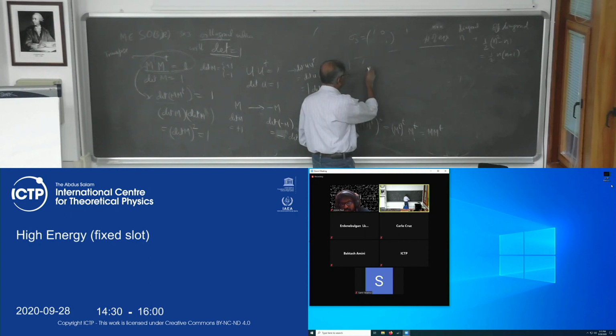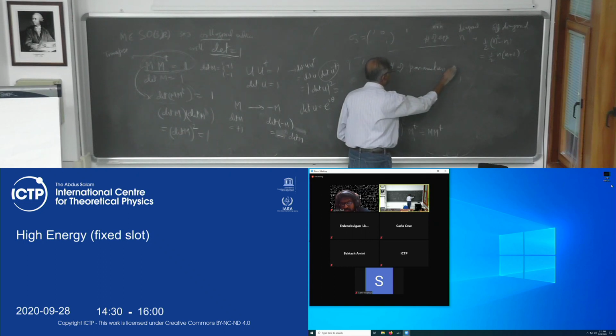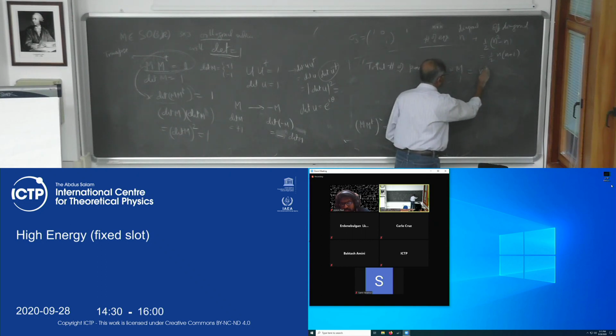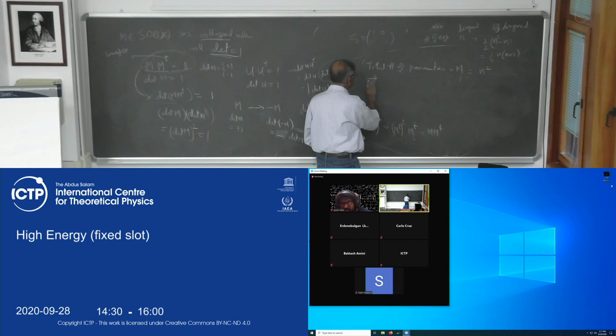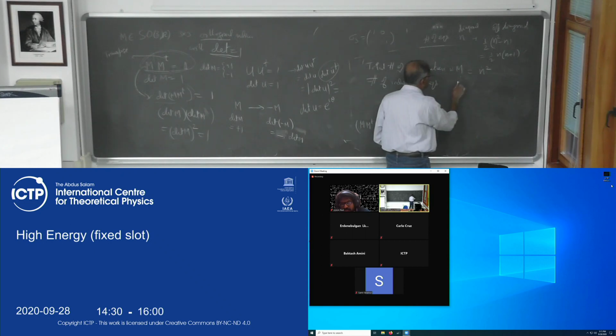Exactly. So you have a total number of parameters in M equal to n squared. The number of independent equations is half n times n plus 1.